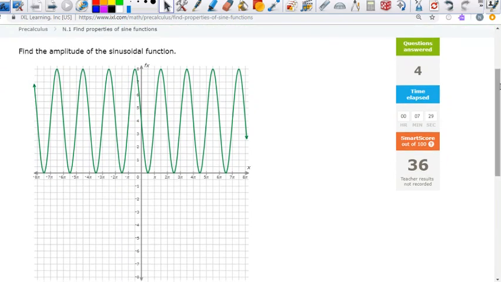Now we need to find the amplitude of the sinusoidal function. The amplitude is the distance from the midline to the maximum. So here we have a maximum at 8 and a minimum at 0. The midline between 8 and 0, hopefully it's intuitive, it's at 4. 8 plus 0 over 2 is equal to 4. So our midline is at 4.